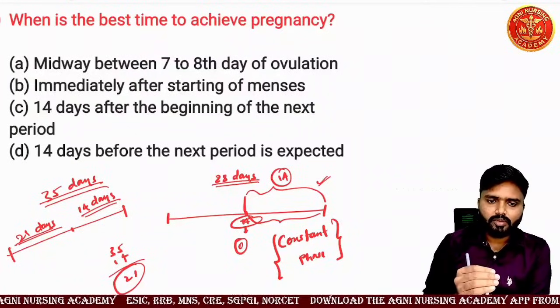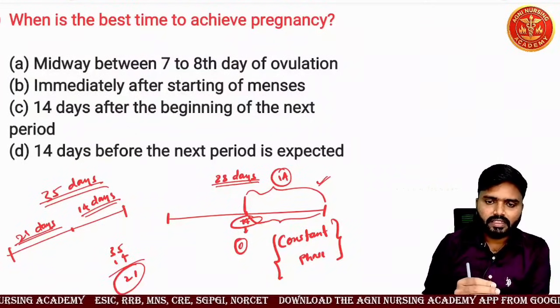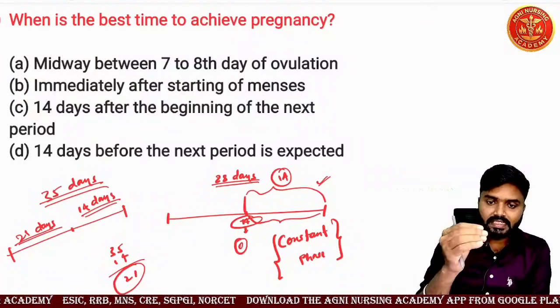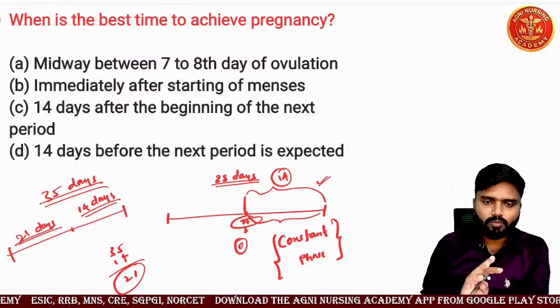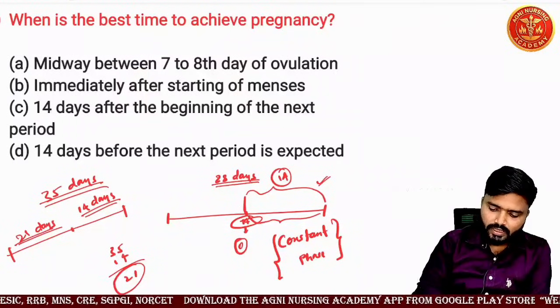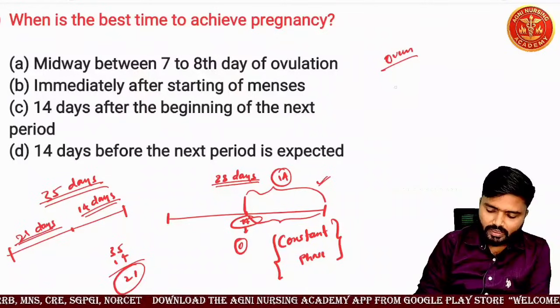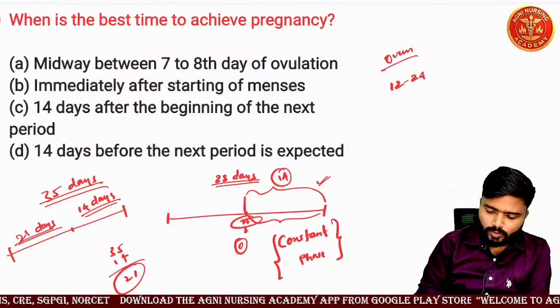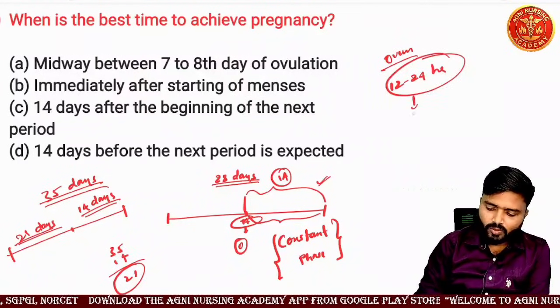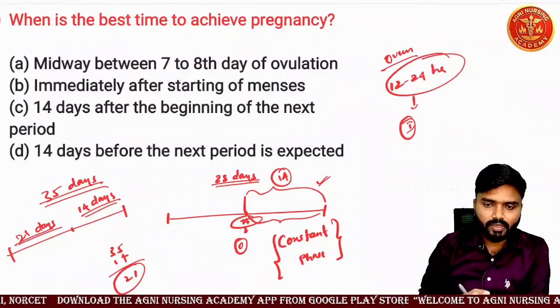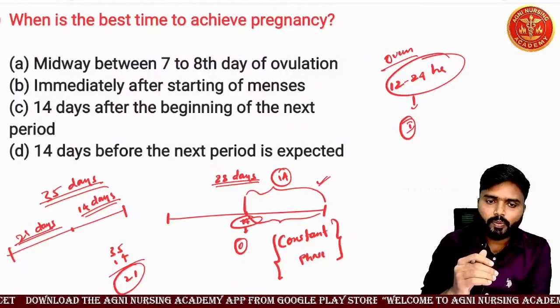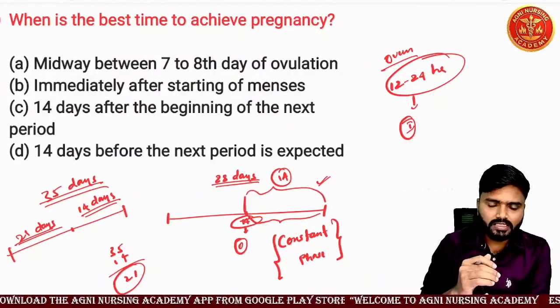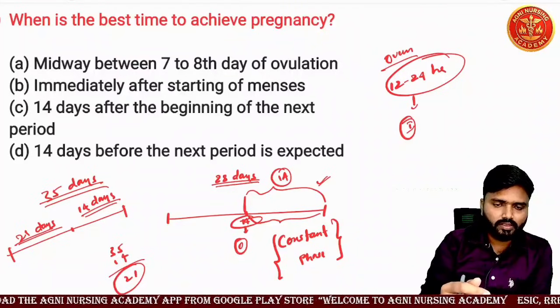So always remember 14 days. Ovulation will happen 14 days before the next period occurrence. At that time the ovum will be active for around 12 to 24 hours if intercourse happens between the male and female. So that time means 14 days before the occurrence of the next period. Understood?